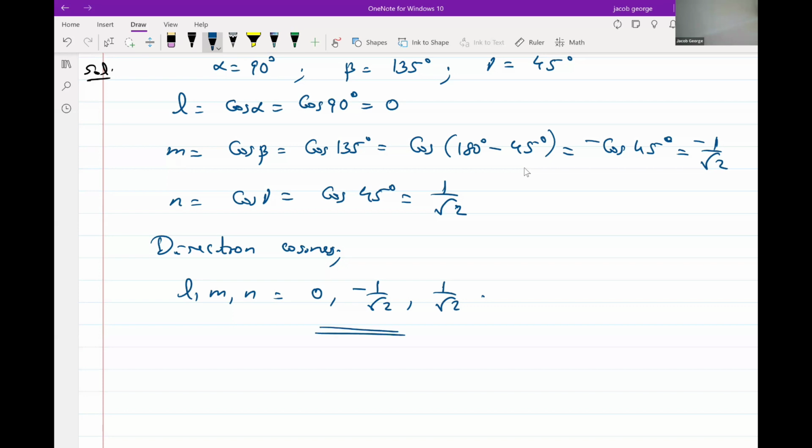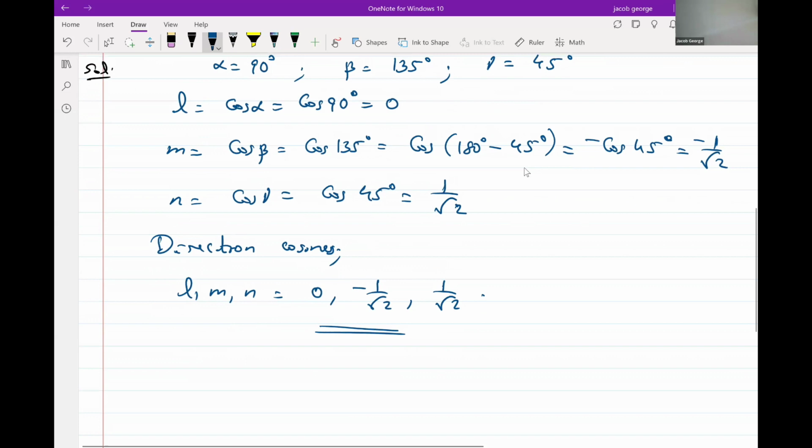Clear? 0, minus 1 by root 2, 1 by root 2 are the direction cosines. Yes, all of you understood this. Next.